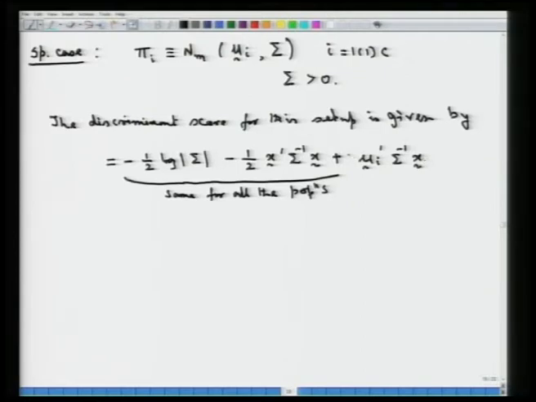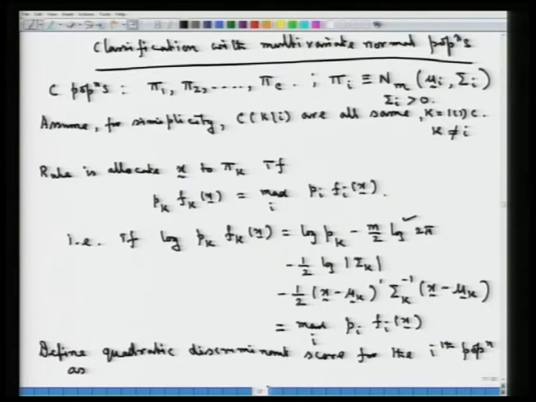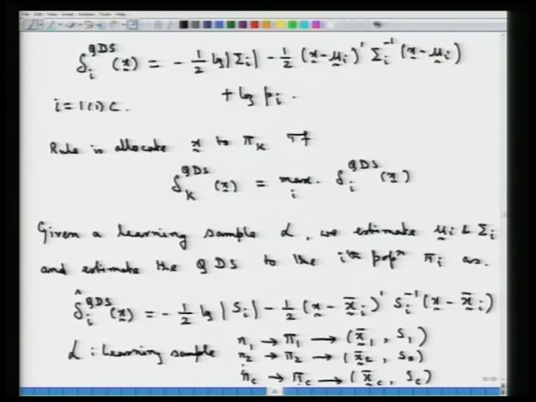There will be a term which is twice here, because once we open up this term, we will have an x transpose sigma inverse x, the first term which is independent of k, that is what we had written, and then we will have x transpose mu k transpose sigma inverse x, and there will be the same term with a transpose coming out from x transpose sigma inverse mu k. However, there is a factor 2 in the denominator.